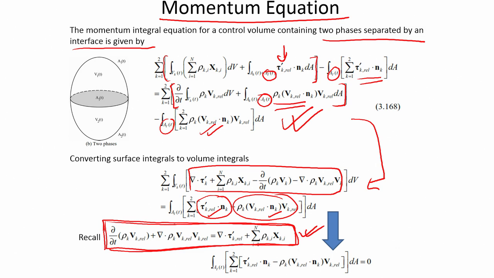Therefore, if we substitute this back into this particular equation, we get this as a result. Here it says that the total stress at the interface and the momentum flux at the interface have to sum to 0. That means this integral equation has to be satisfied.